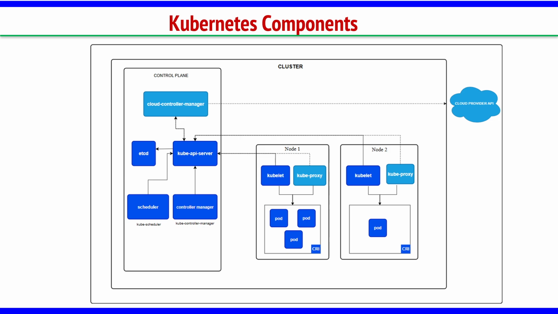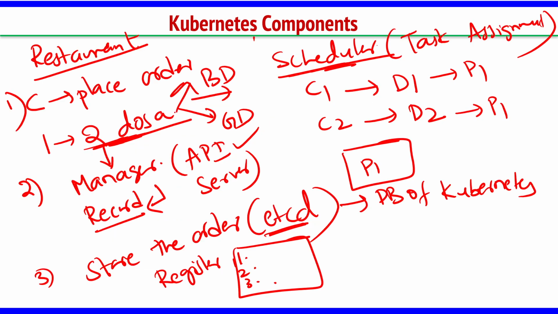We have seen here that there is one node and I have some pods. This is the API server, which is receiving the request, and there is one scheduler who is mapping, giving one dosa to node 1 and the other dosa to node 2. So I am assigning pods to the nodes.